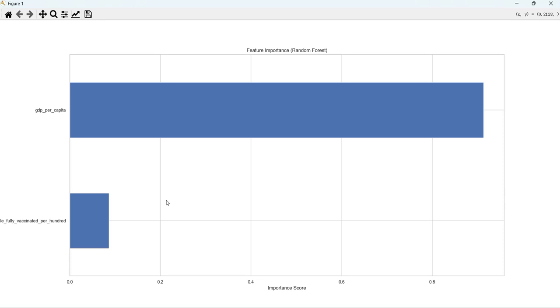Actually, I'm really confused about this result, because in my opinion, the vaccinated per 100 should take a large part of the importance scores. However, GDP per capita takes the lion's share, so it really amazed me. Okay, now turn to the next graph.